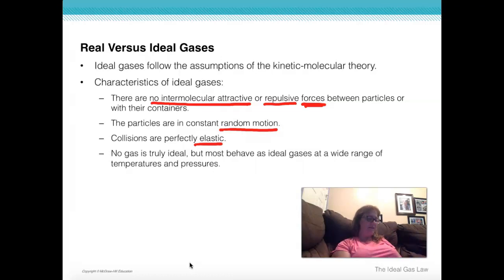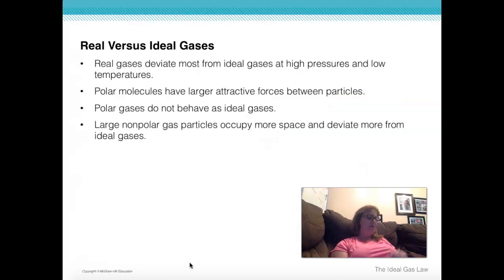However, this is the reality. No gas is truly ideal. Most behave this way at a wide range of temperatures and pressures, but not at all temperatures and pressures. Real gases deviate the most from this at high pressures or low temperatures.